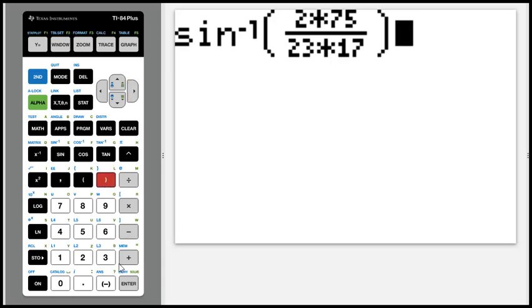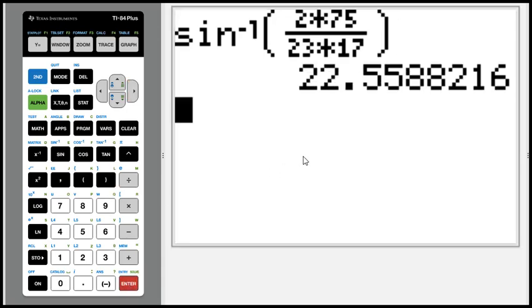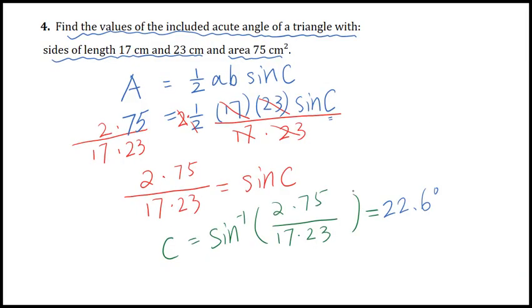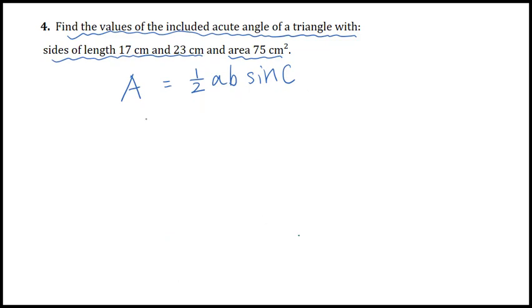Then parentheses back, enter. You will get the answer 22.6. Therefore, the angle C is 22.6 degrees.